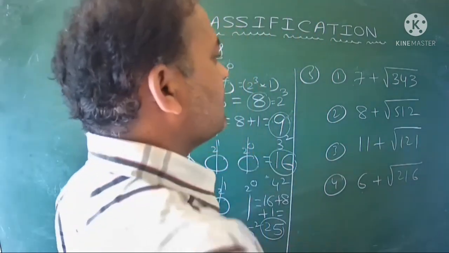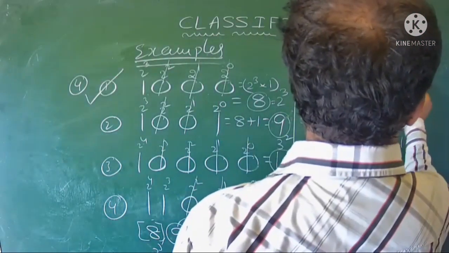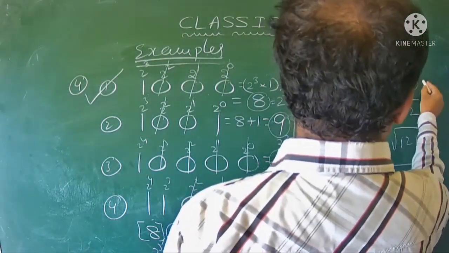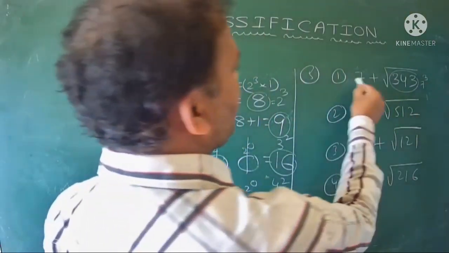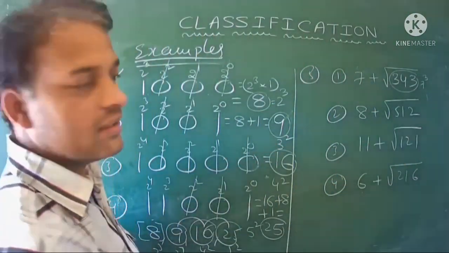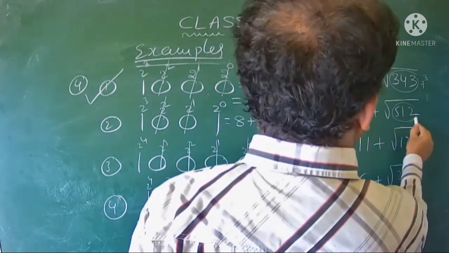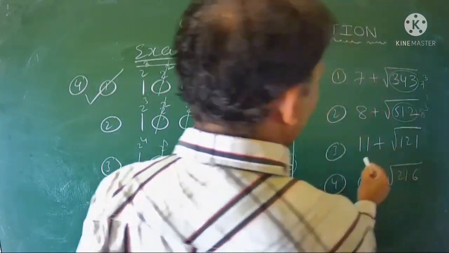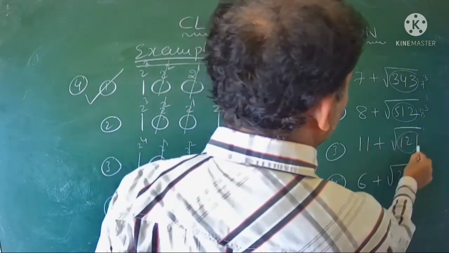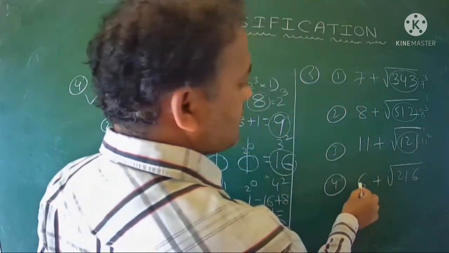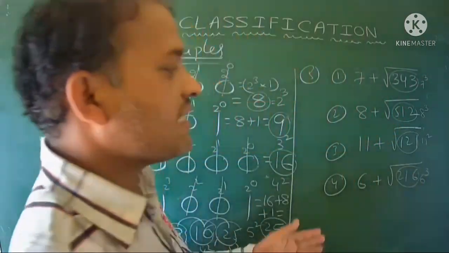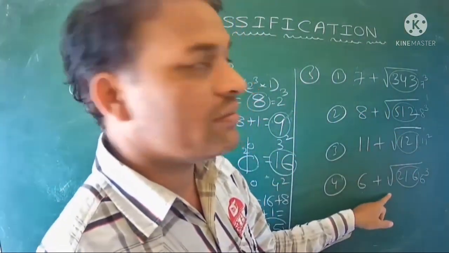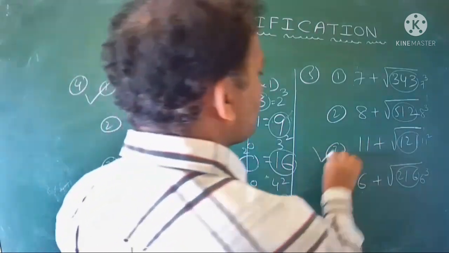But actually inside, what will be there? That is nothing but 7 cube: 7 plus root of 7 cube. 8 plus root of 8 cube, 11 plus root of 11 square, 6 plus square root of 6 cube. Inside the square root, all are perfect cubes, but the third option is a perfect square. So that's why that is the odd one out.